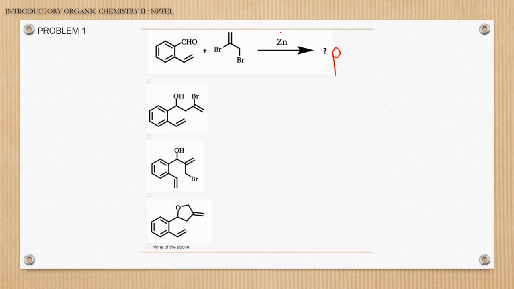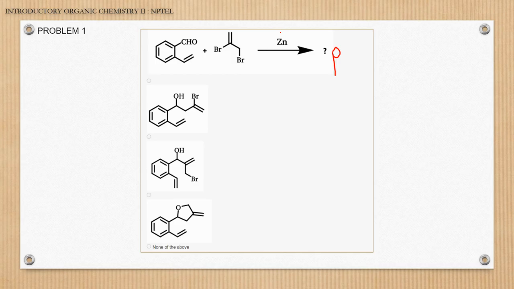We have gone through these questions in the previous tutorial as well. I think 2 tutorials contain this kind of question, and I have answered it. So, Reformatsky reaction, sorry, Reformatsky-type reaction. Oxidative addition will take place between the C-Br bond, right?